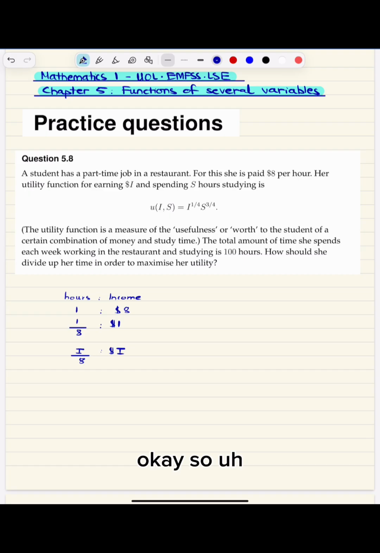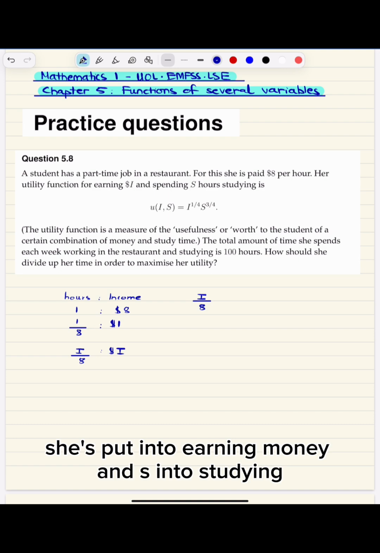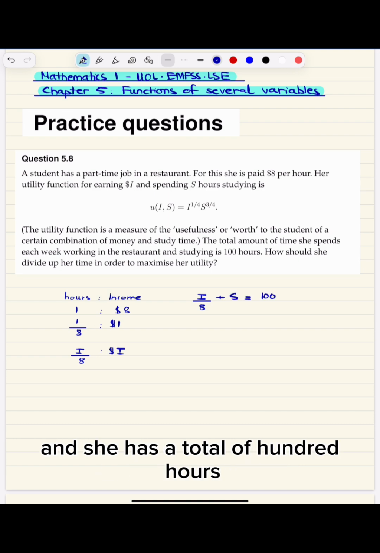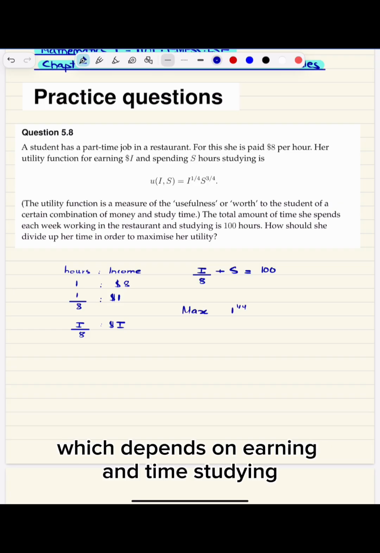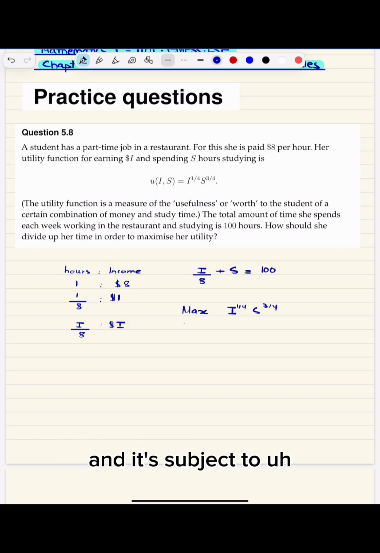So I by 8 amount of hours she's put into earning money and S into studying, and she has a total of 100 hours. Okay, so we want to maximize utility, which depends on earning and time studying, and it's subject to this constraint.